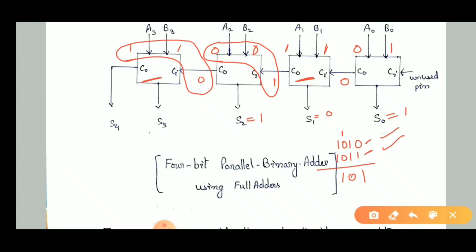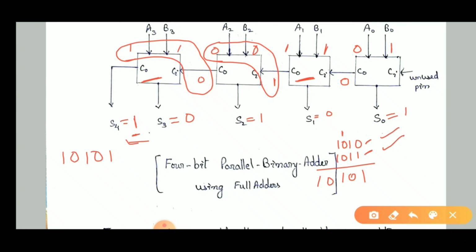That is 1 0. That is why you will write like this. The sum is 0 and the carry equals 1. Here we are getting a carry 1. So the final output becomes 1 0 1 0 1.